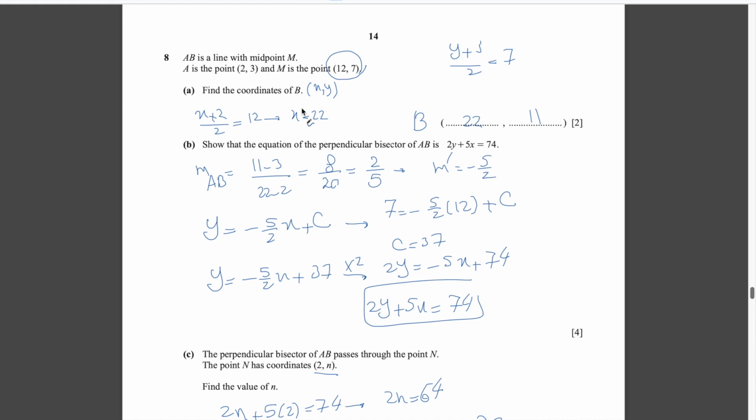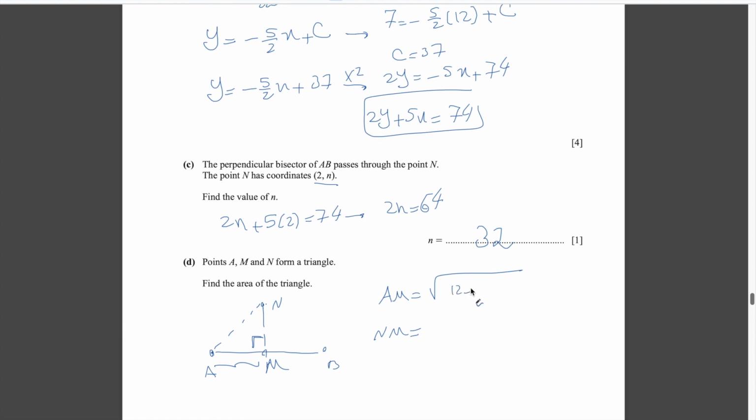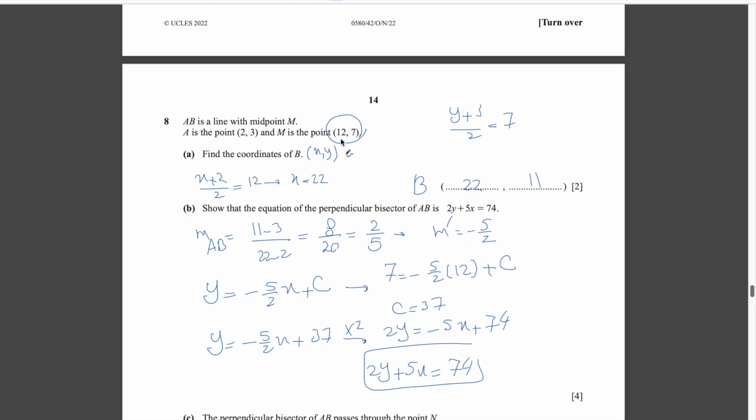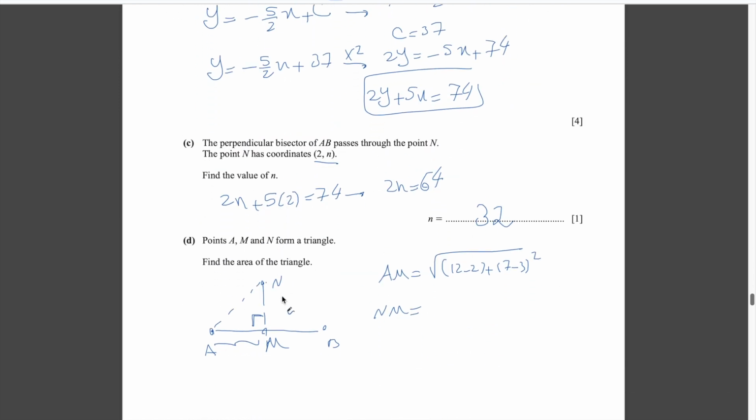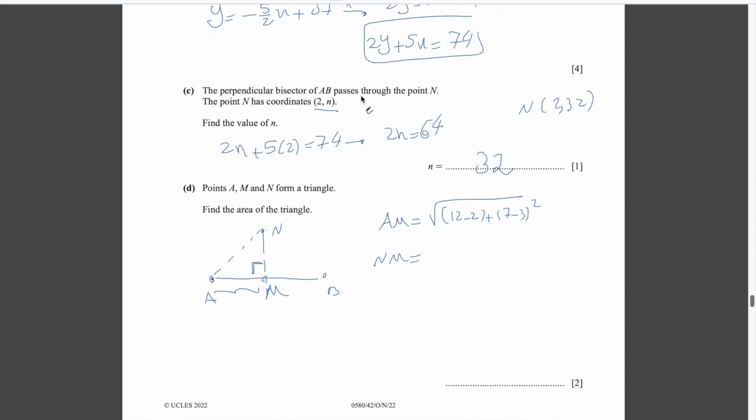AM will be the square root of (12 minus 2) squared plus (7 minus 3) squared, using x2 minus x1 and y2 minus y1. And NM: N is of coordinates (2, 32), and M is (12, 7). Let me write M here, (12, 7).